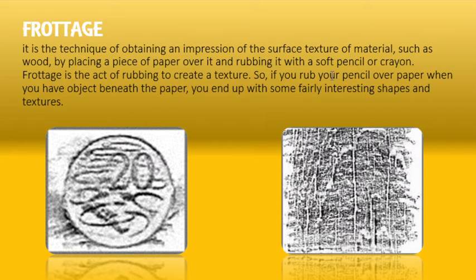So if you rub your pencil over paper, when you have an object beneath the paper, you end up with some fairly interesting shapes and textures. These are some of the examples, and I know these works are familiar to you. This is a frottage of a coin, and a very beautiful design here, also created by frottage.